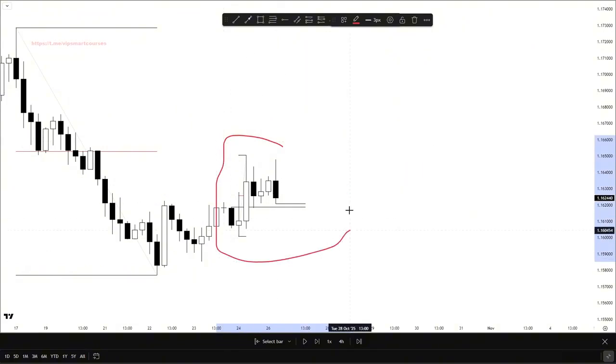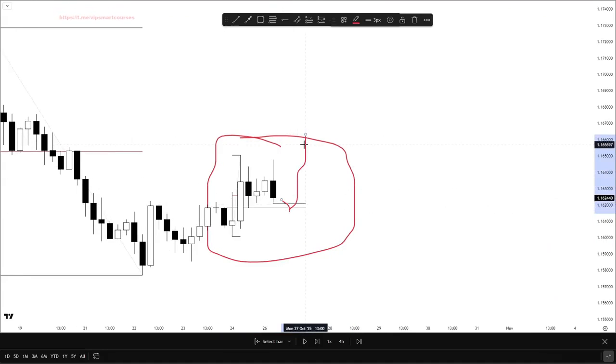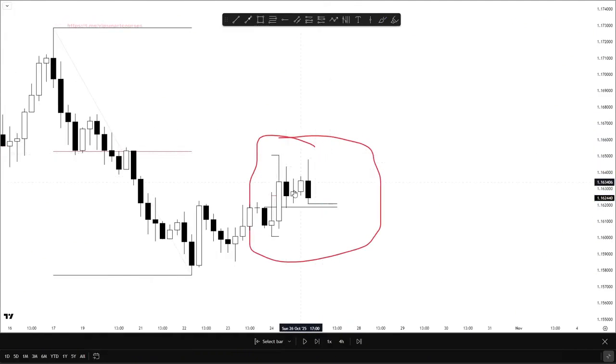This as a whole was my market context on Monday. From that point on I wanted to frame a trade on the lower time frame towards the drawn liquidity higher. This is how I managed to build a proper market context on the 4-hour on Monday.